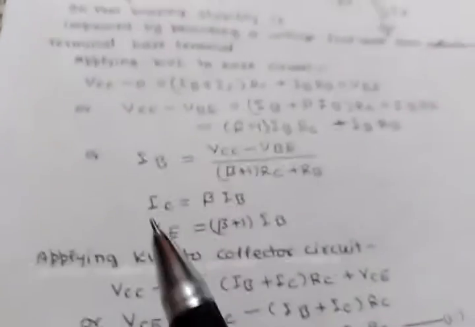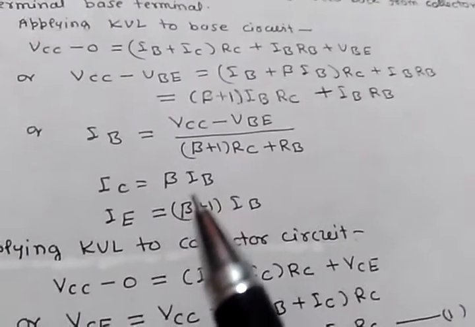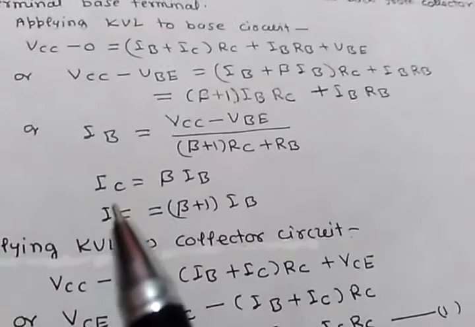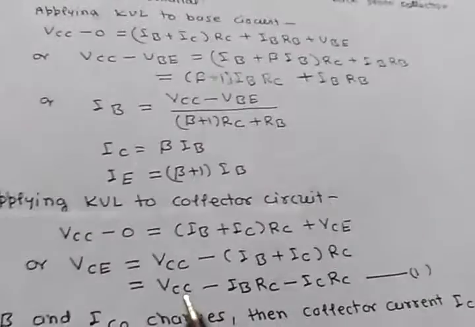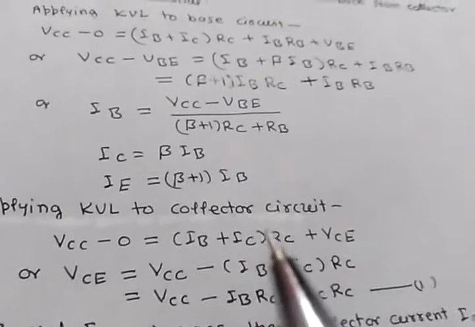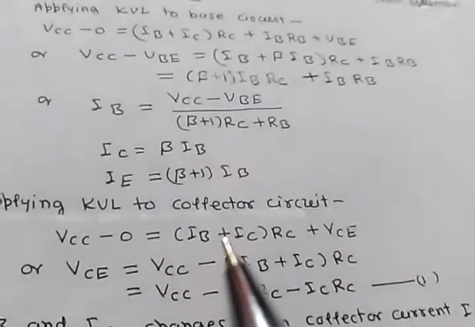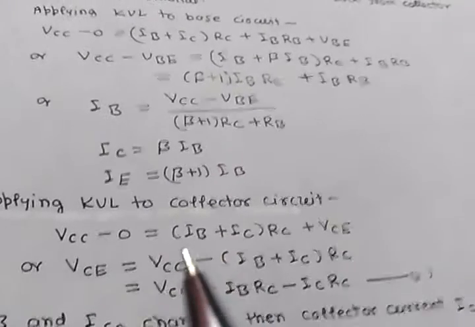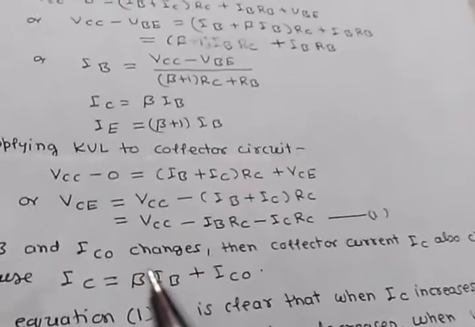And since IC equals beta IB, when IB reduces, the collector current will also reduce. In this way, if due to any reason the collector current increases, the circuit will automatically reduce the collector current and maintain a constant or stable collector current. So this circuit provides biasing as well as stability.